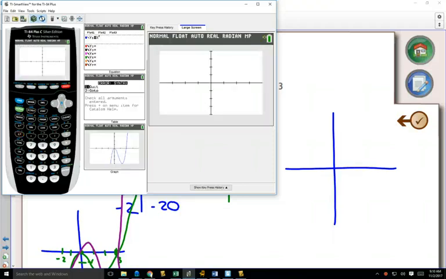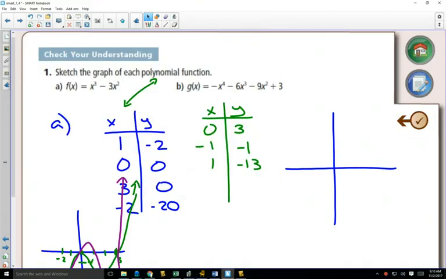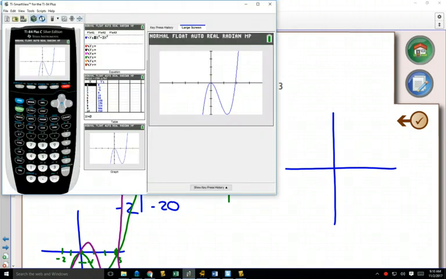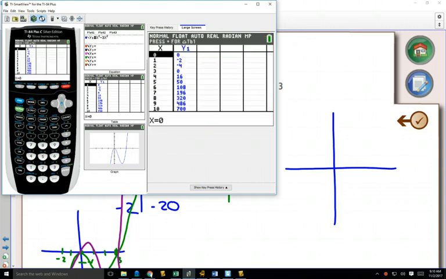And if you hit graph, as I said, that matches up a lot better with the green one, although it dips down further than my green one did. Okay? And if you go second table, there's where a table of values is given to you.